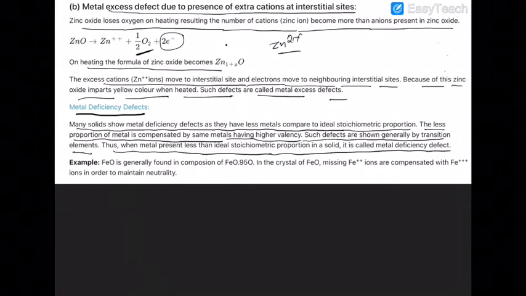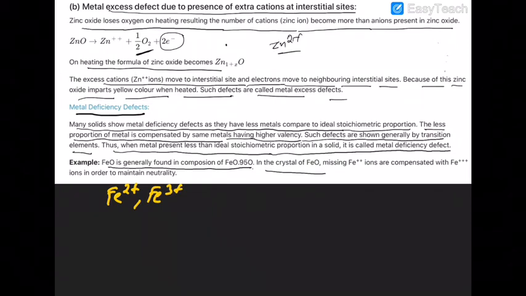For example, when FeO is taken, it is generally found with a composition of Fe0.95O. So it means that the exact formula FeO is not there. What is the reason behind that? The reason is that iron is able to exist in two states, that is Fe2 plus and Fe3 plus.